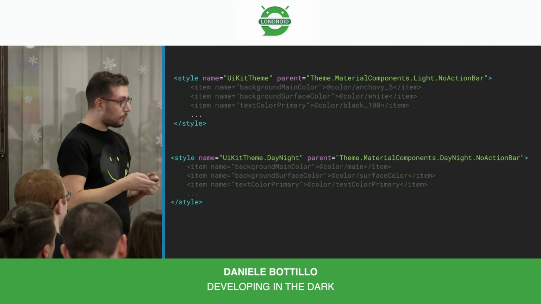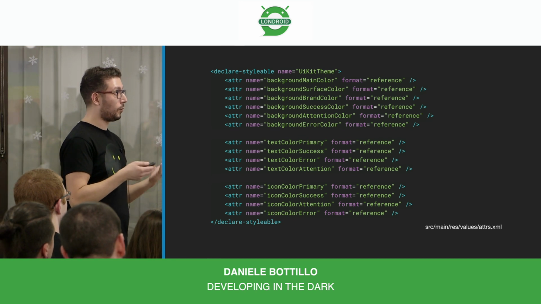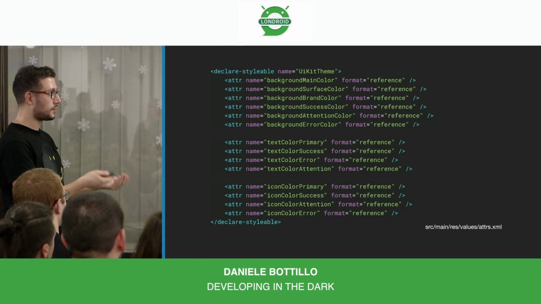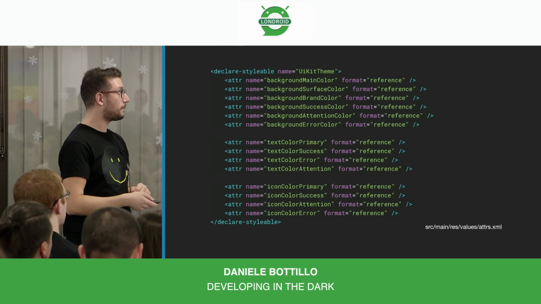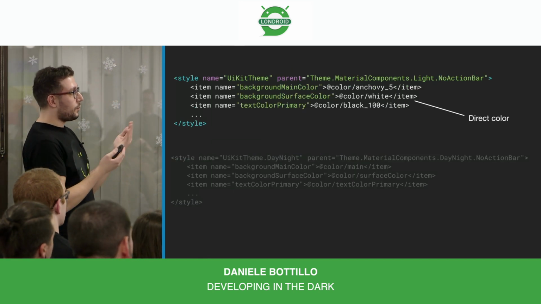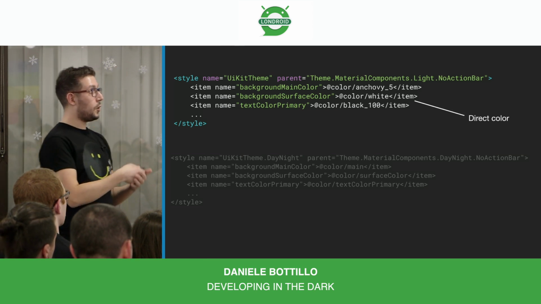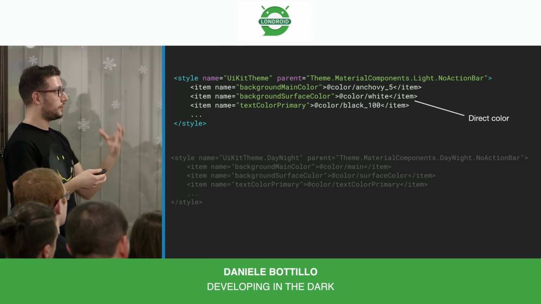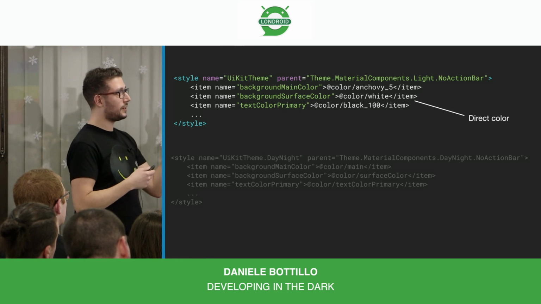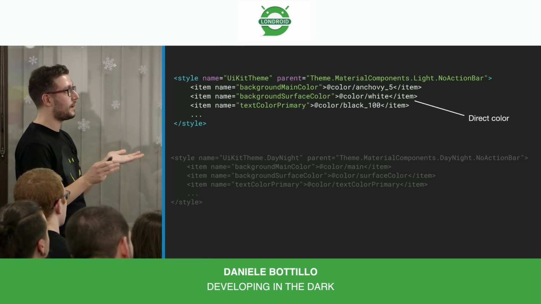But we already defined all these attributes, so both our teams need to have a specification for those attributes. The way that we did it was, okay, these attributes need to be non-dark-mode enabled for the normal theme. So we actually cheated, and said, okay, let's say text color primary is black 100.